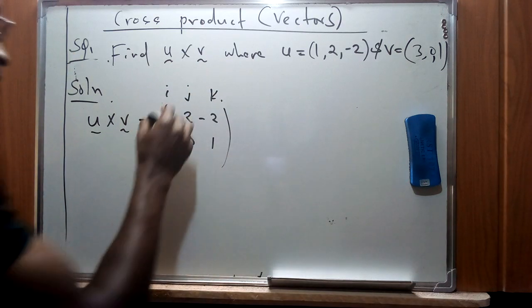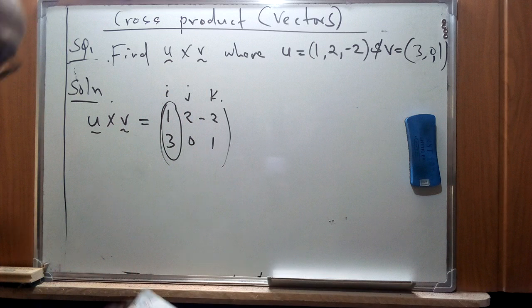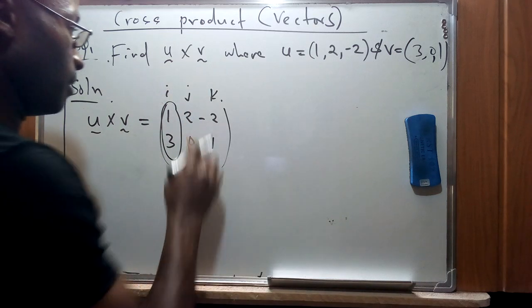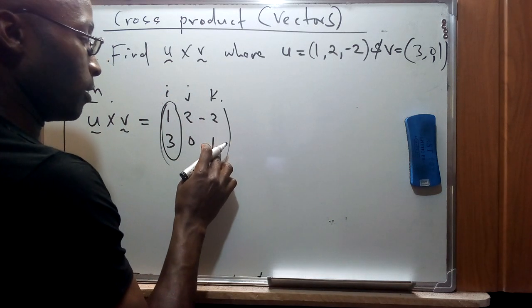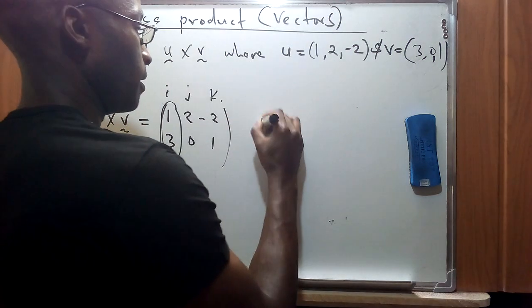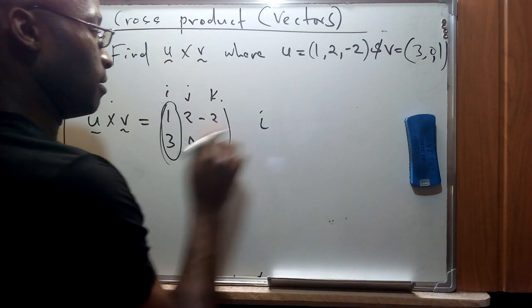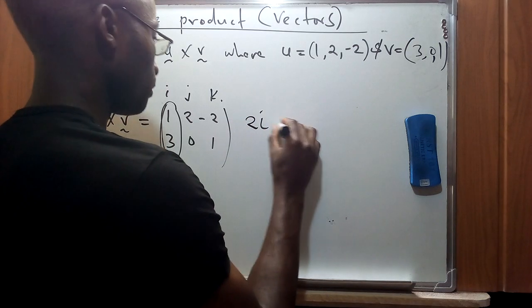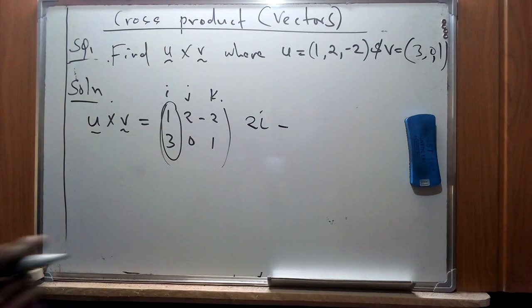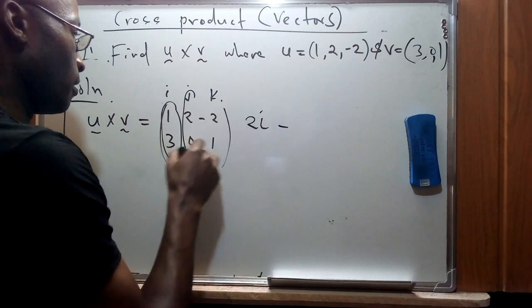So the first component is given by 2 times 1, minus 0. This is the i component that we're trying to find. So this is 2 minus 0.